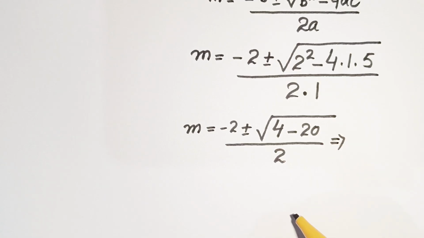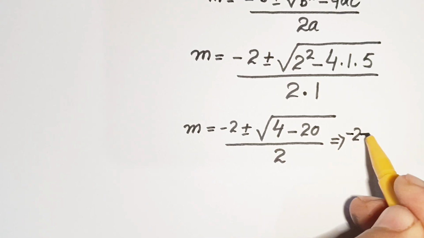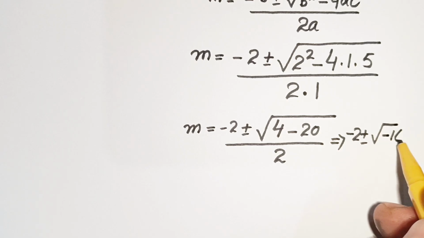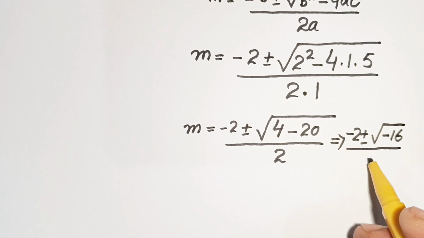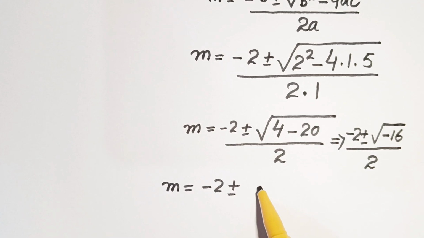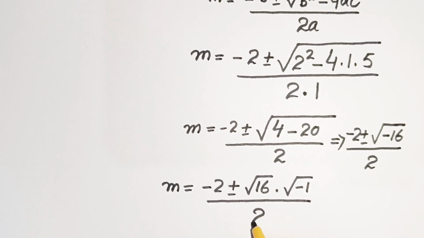Here we get minus 2 plus minus square root of 4 minus 20, which is square root of minus 16, all over 2. Then m is equal to minus 2 plus minus, it can be written as square root of 16 times square root of minus 1, all over 2.